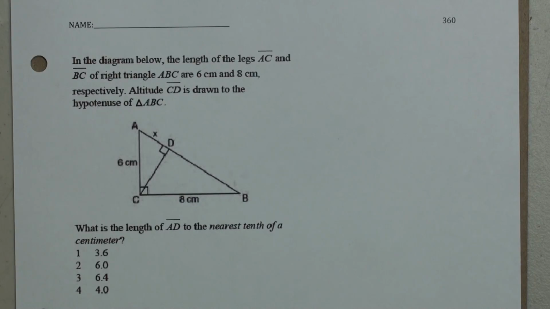I actually wanted to see this type of problem. I just need to look something up. What is this called? Mean proportional inner right triangle. Okay, let's see.